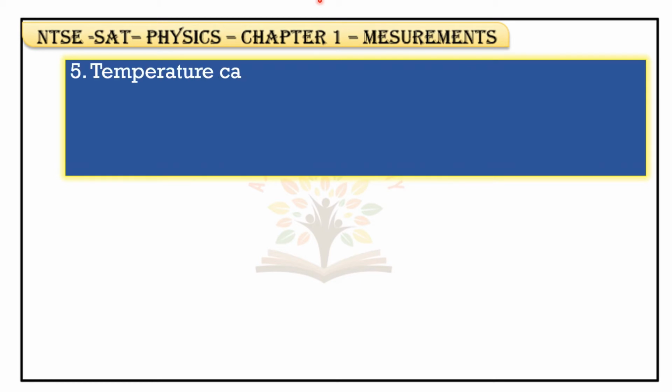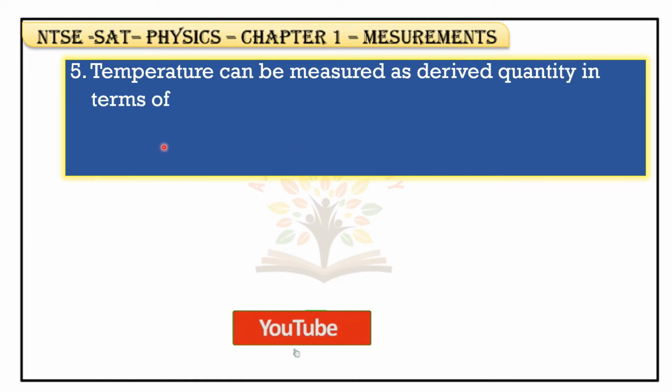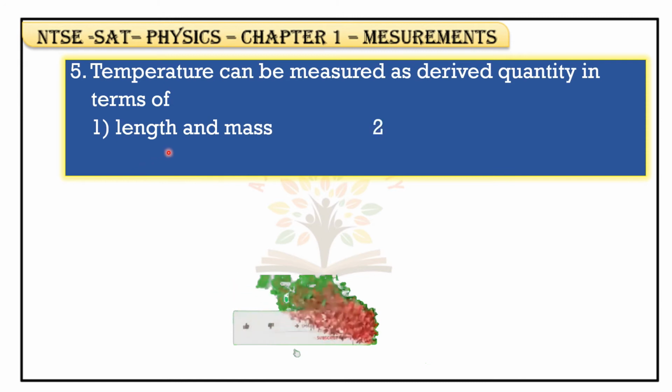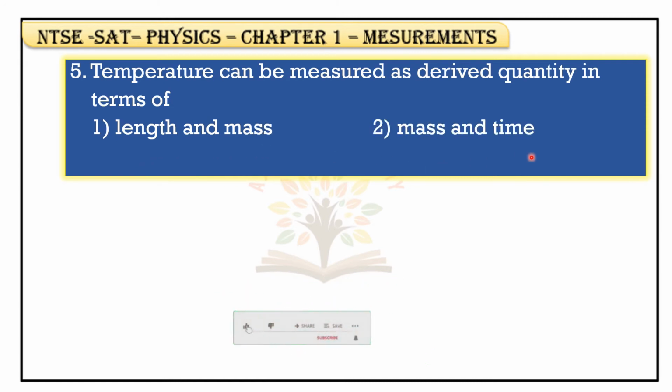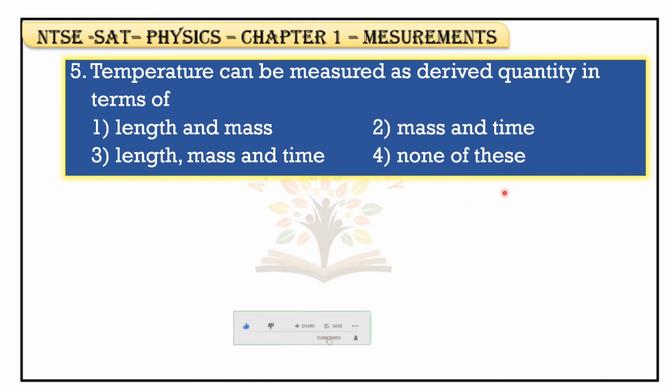Temperature can be measured as a derived quantity in terms of length and mass, mass and time, length, mass and time, none of these. So temperature can be measured as a derived quantity in terms of mass and time.